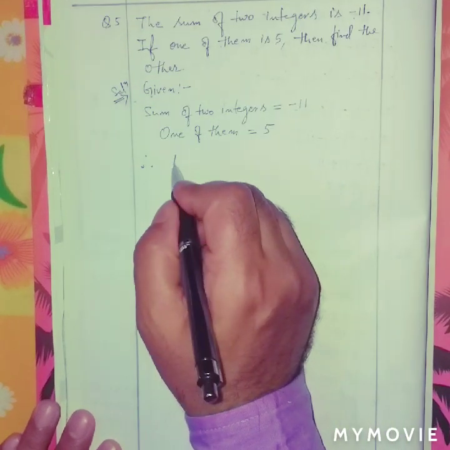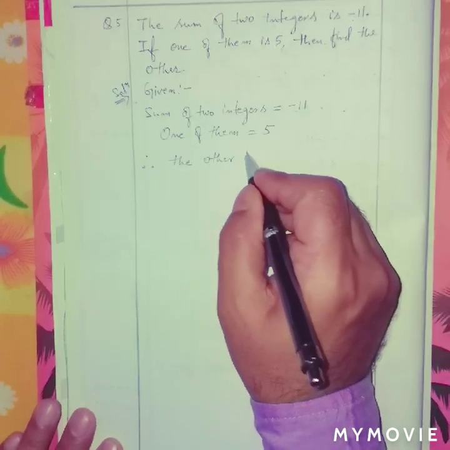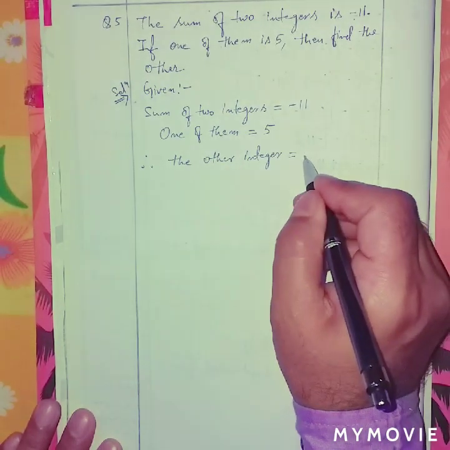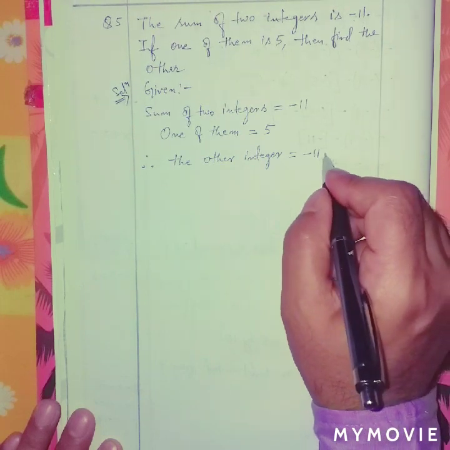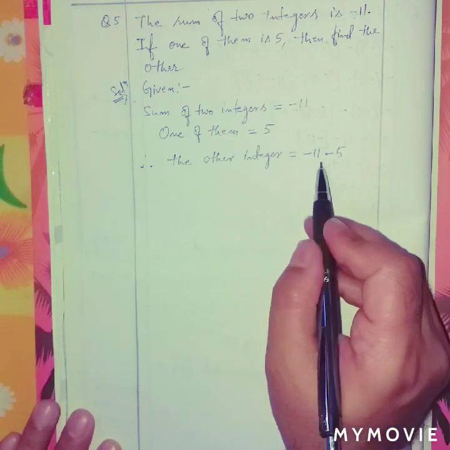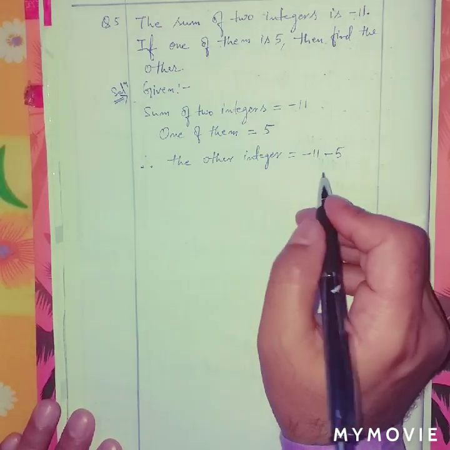So the other integer will be equal to minus 11, the sum, minus the number. This is a positive number, minus is from our operation only, so here it is minus 5.